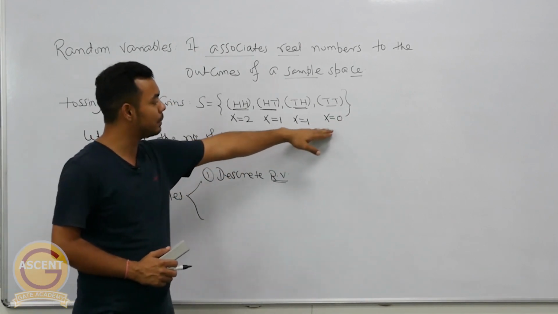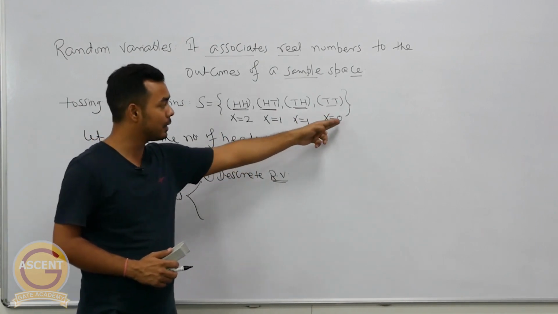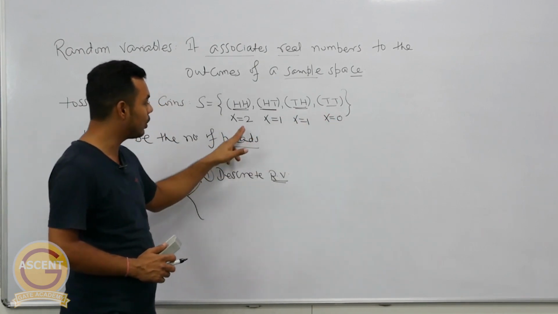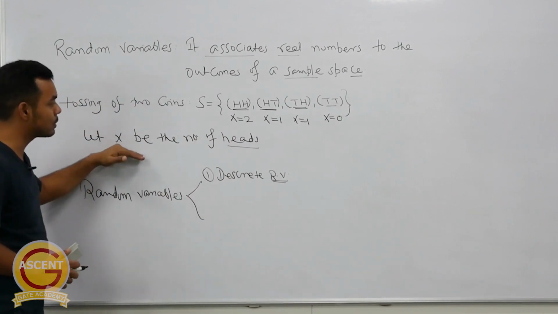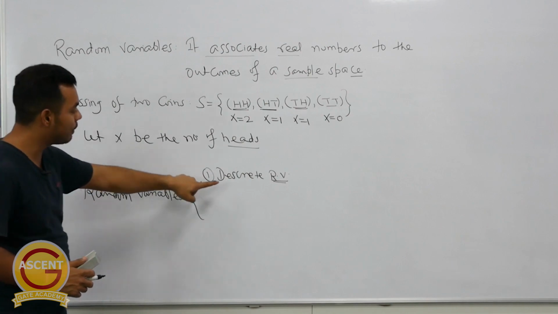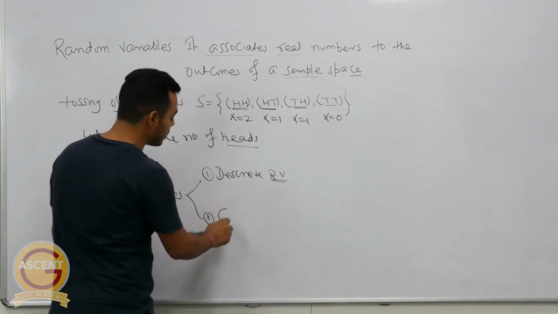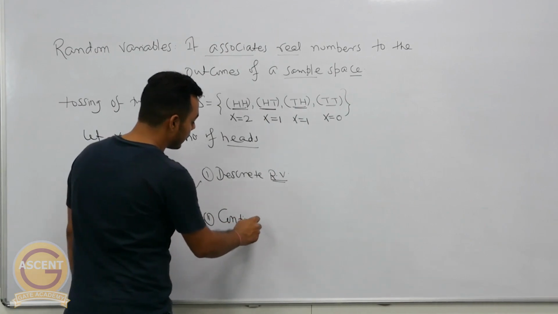So here we have discrete values of x. No value of x is possible between 0 and 1. Either you will get 0 heads or 1 head or 2 heads. So this x, which is representing the number of heads in tossing of 2 coins, is an example of a discrete random variable.